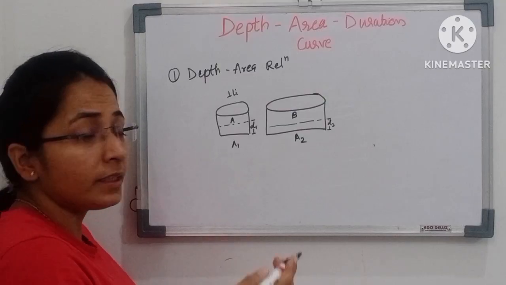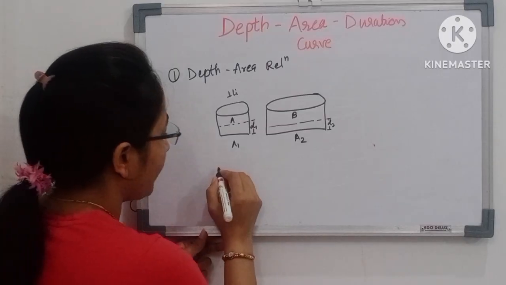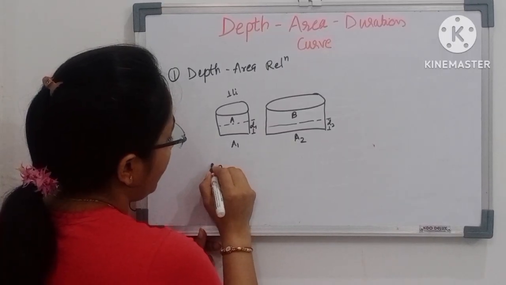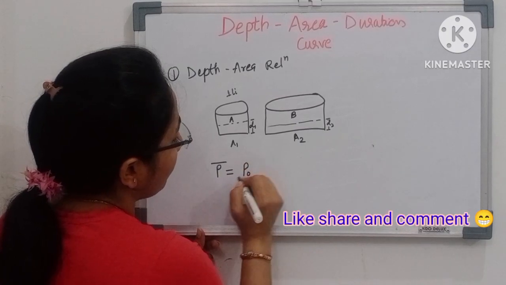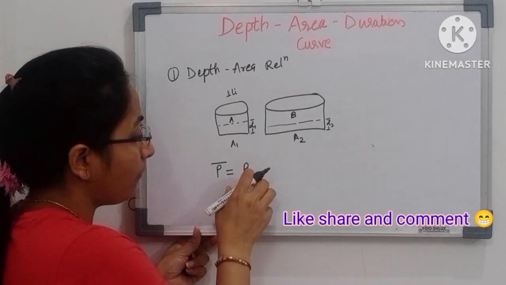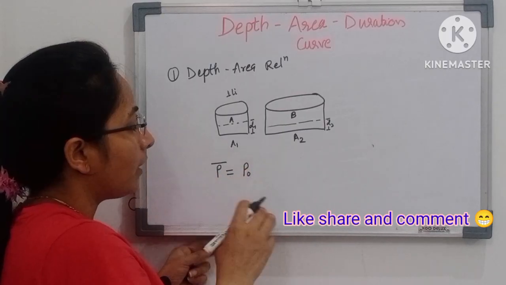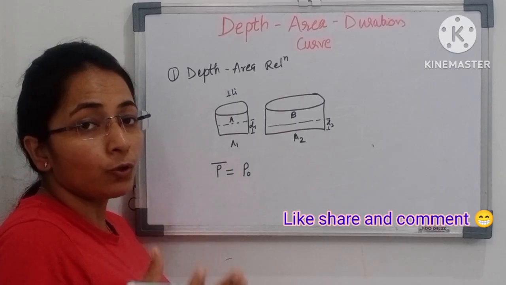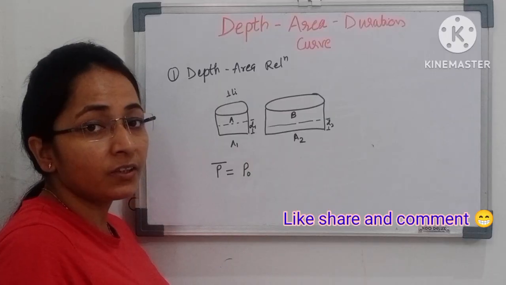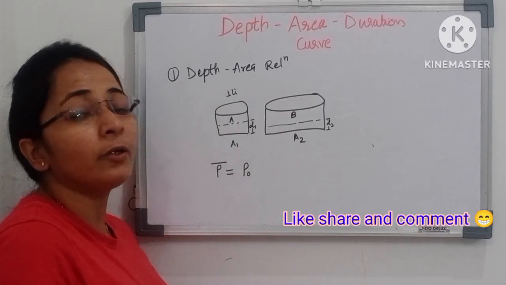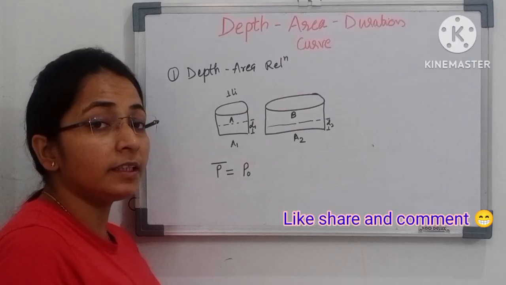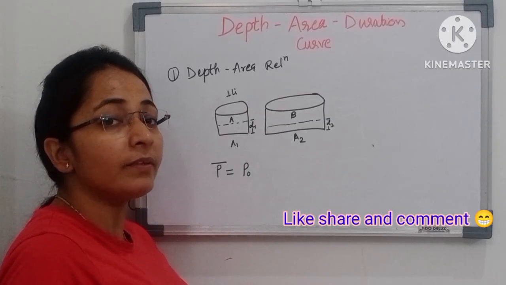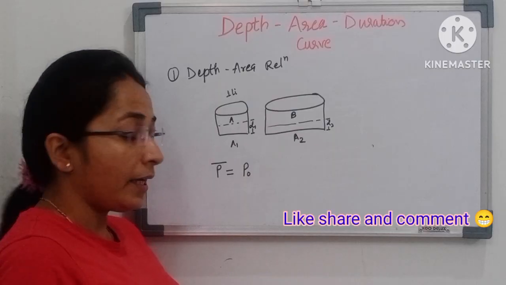It can also be seen by the equation, that is P bar, which is the mean precipitation, equals P naught, the maximum rainfall at the storm center. It's not possible that the storm center and the rain gauge station are located at the same place and coincide. So in that case we consider the rainfall of the station which has the highest rainfall in that catchment.